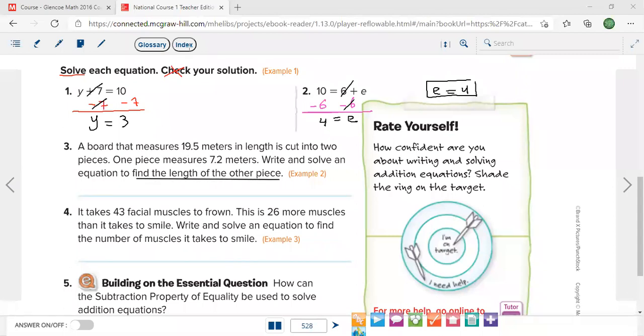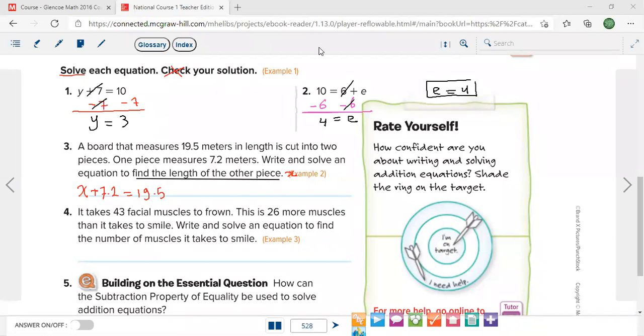So if we say that the length of the other piece is x, because this is what we want to find, this is like x plus 7.2 equals 19.5.